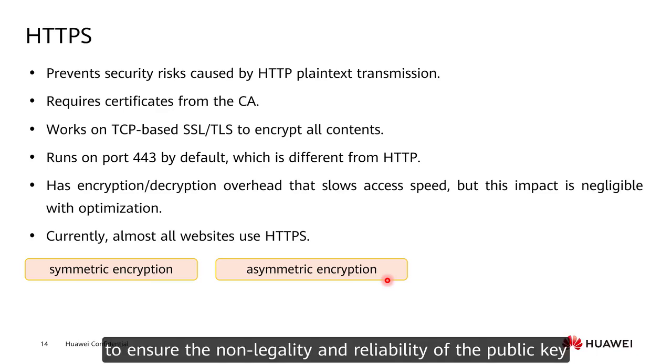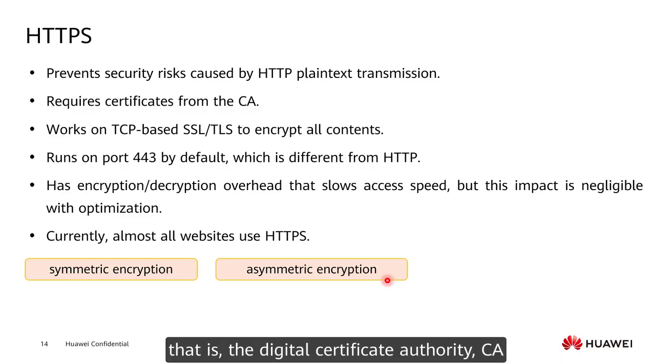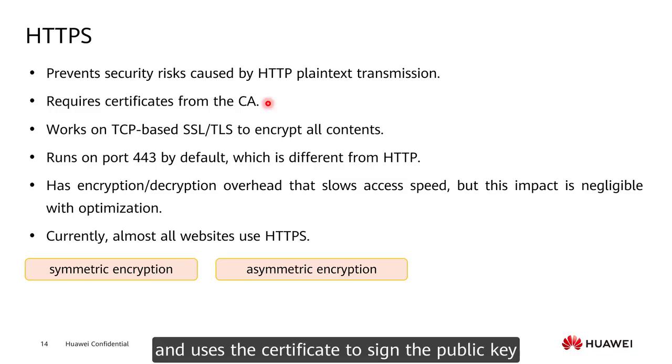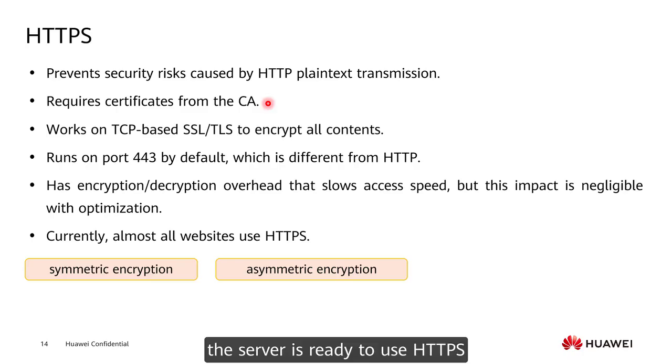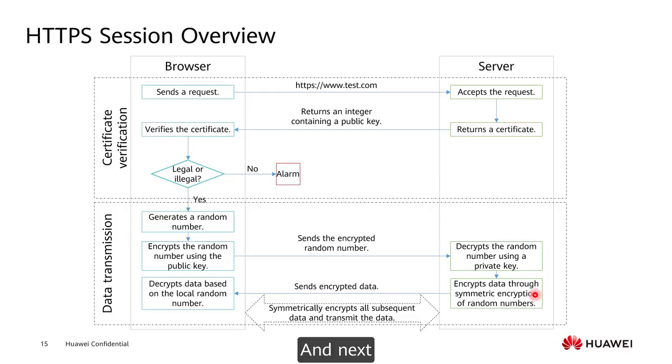To ensure the legality and reliability of the public key, the server applies for a certificate from the authority, that is the Digital Certificate Authority, CA for short. And after generating the public key, it then uses the certificate to sign the public key. Once this is done, the server is ready to use HTTPS for data transfer.